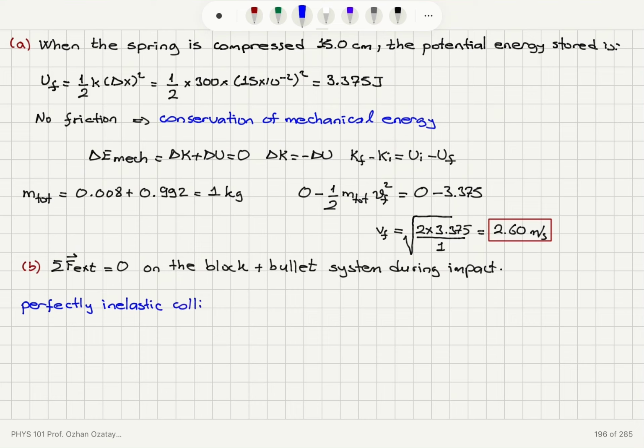So we can say that linear momentum is conserved, but energy is not conserved, and this implies conservation of linear momentum. So the change in the total linear momentum of the system must be equal to 0, which means the initial linear momentum must be equal to the final linear momentum.